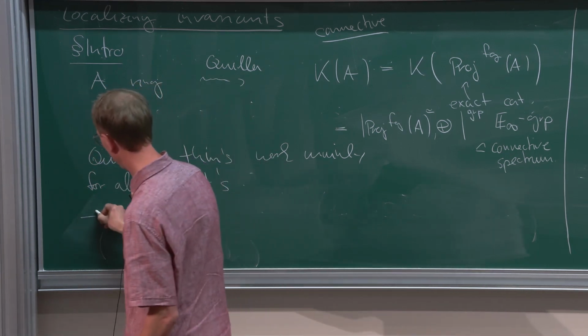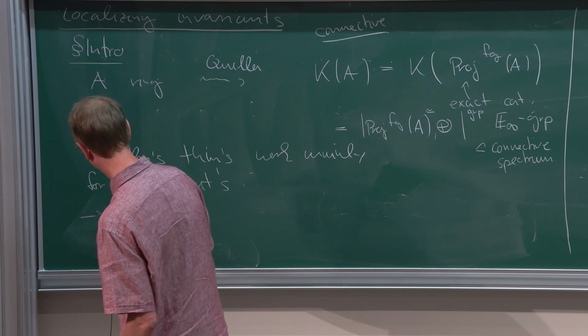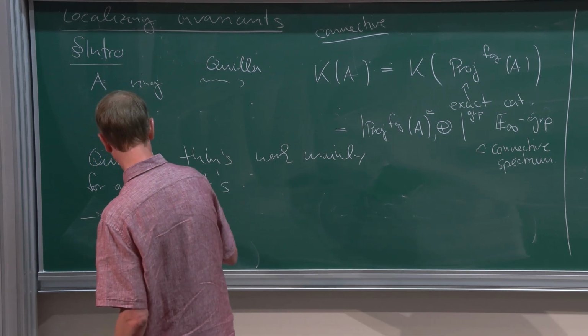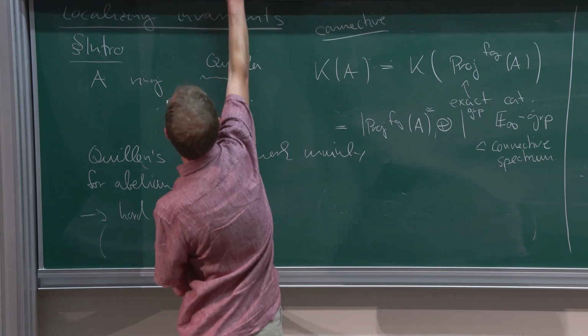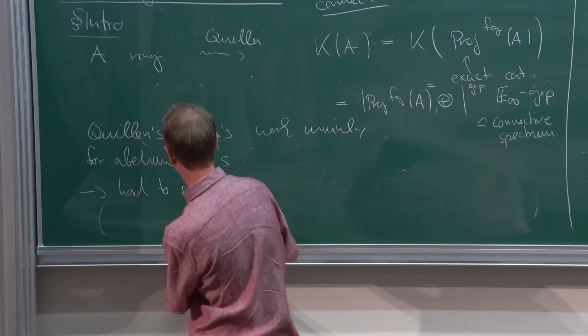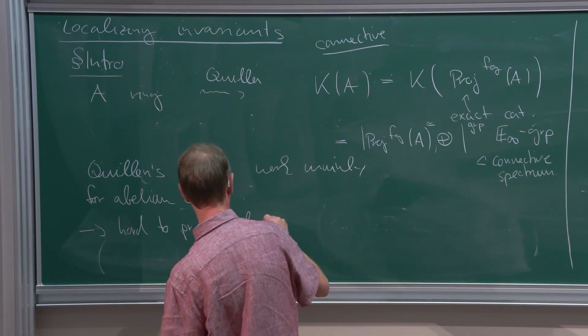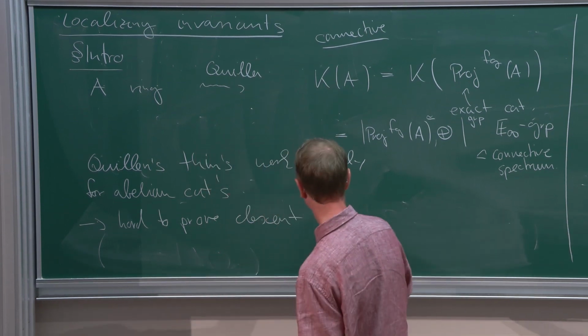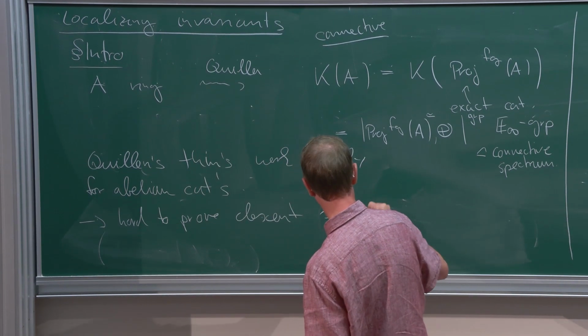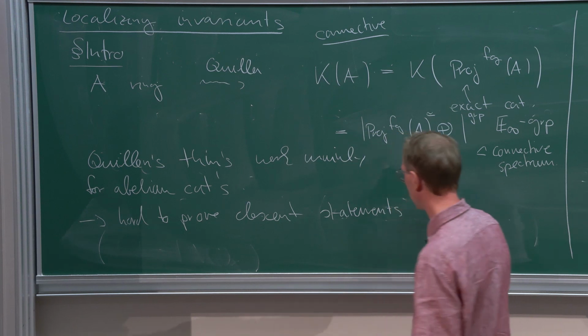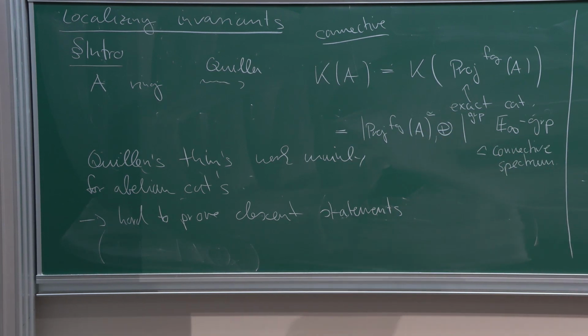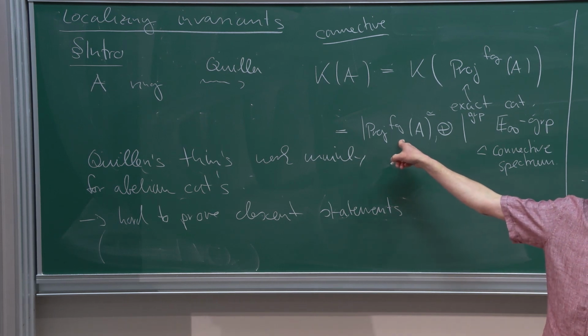So this implies that it's hard to prove descent statements with this definition of K-theory, because this is not an abelian category in general.